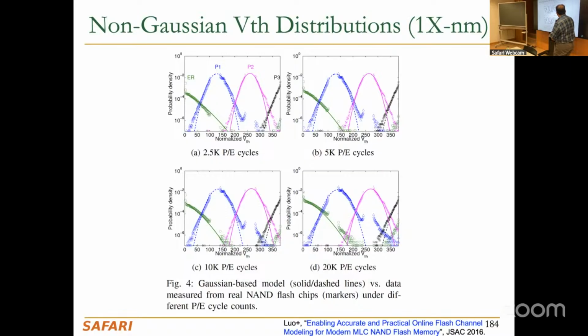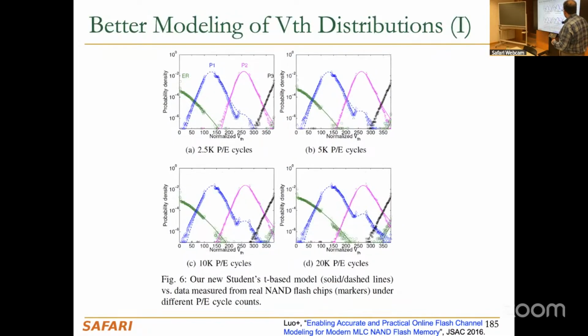Your Gaussian model is going to tell you this dotted curve, but there are some parts, for example what is happening here, that you should be able to predict. So we use a Student's t-based model to model the whole distribution. The Student's t-based model provides results similar to the Laplace model, but is much faster, so it's easier to do at runtime.